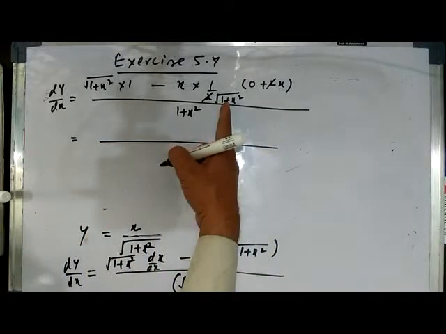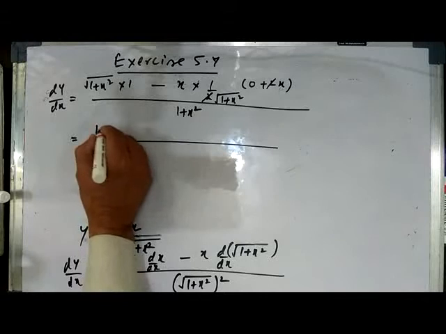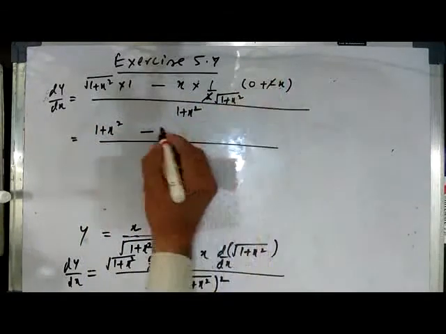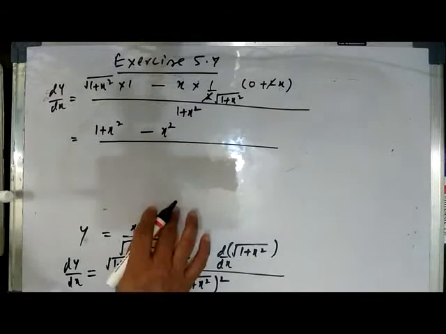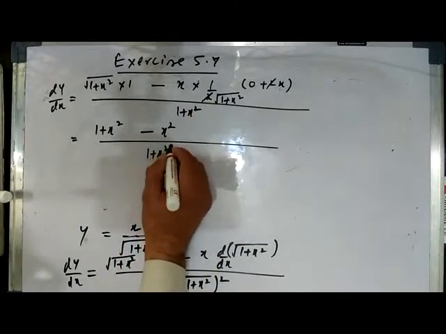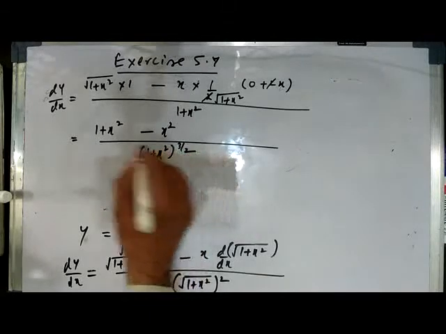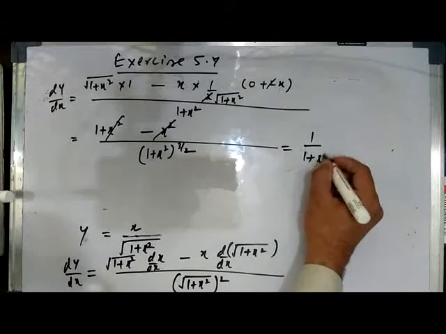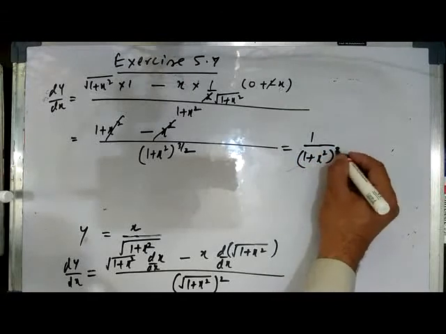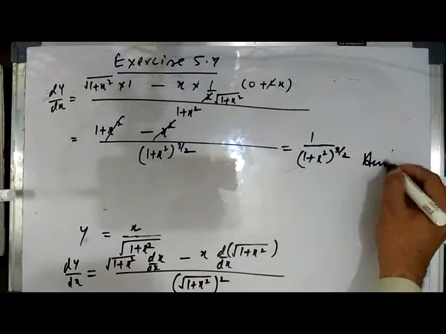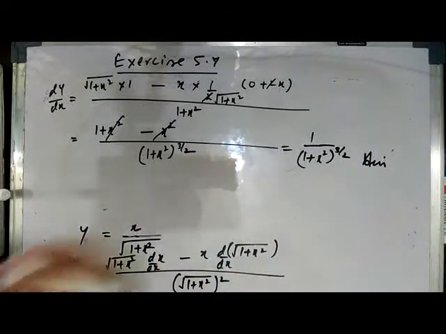This being an LCM is multiplied here, and x into x is minus x square, and this also being an LCM is multiplied here as 3 by 2. It gets cancelled, so you get 1 upon 1 plus x square to the power 3 by 2. That is the answer of this question which we were solving.